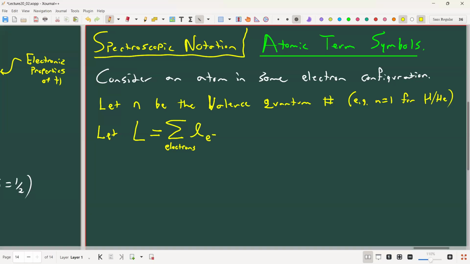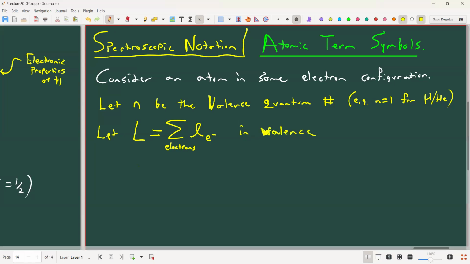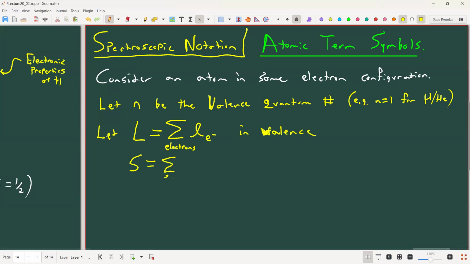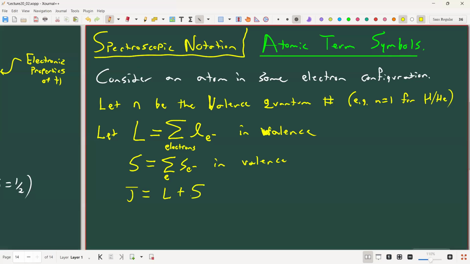You're going to sum up over all the angular momenta of all the electrons in the valence. Let S be the spins of all the electrons in valence. And let J be L plus S.